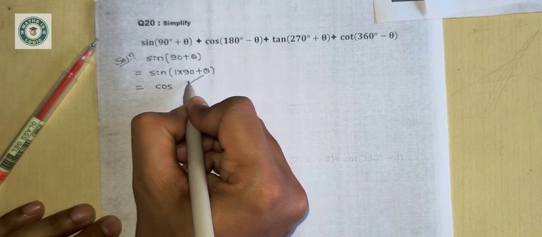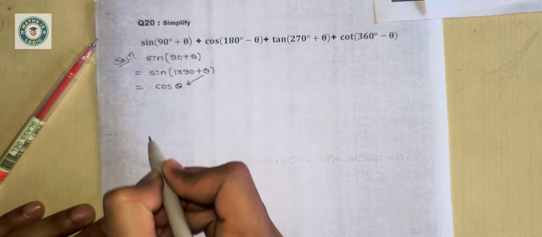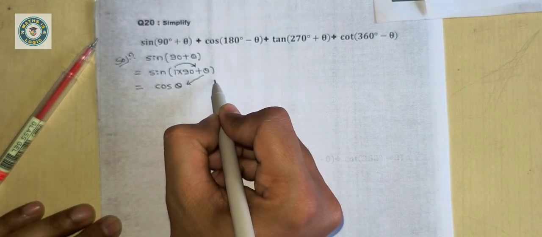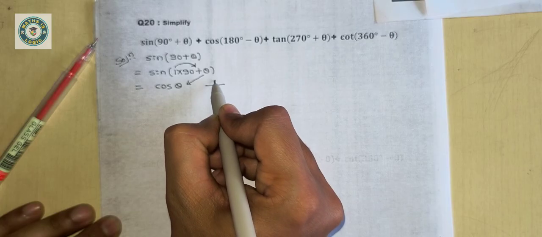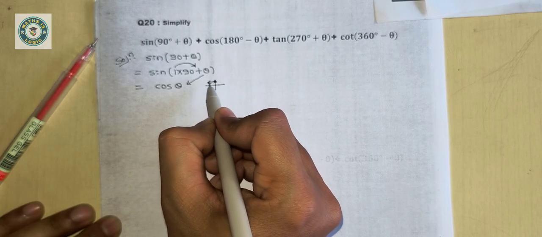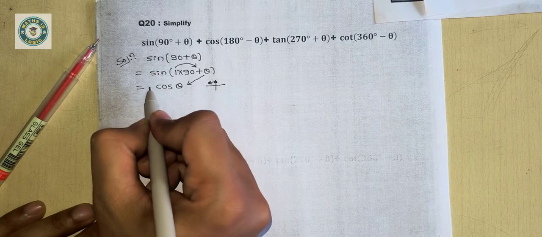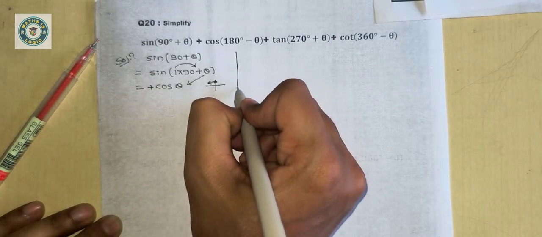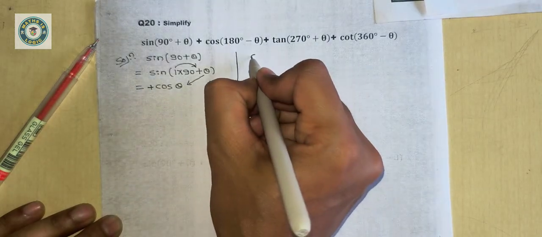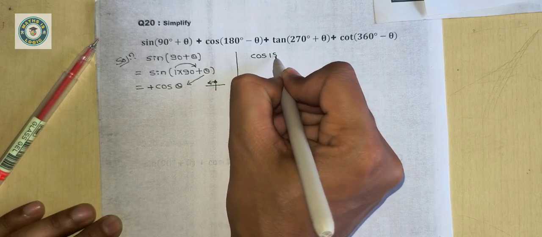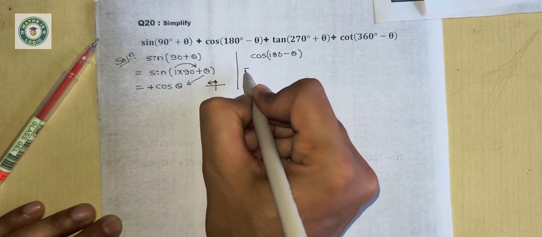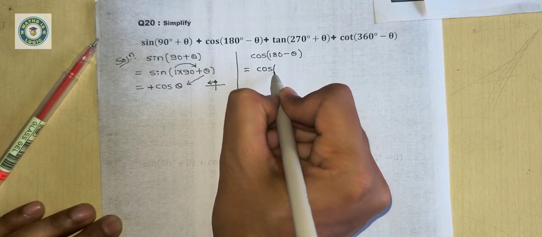Here at the end angle theta is there, so mention that angle theta as it is. Next 1 plus, so here 0, 1 plus means second quadrant. In second quadrant the sign is which sign here? Plus.